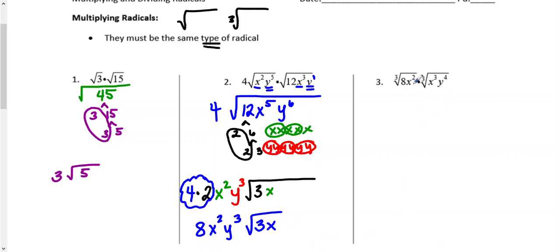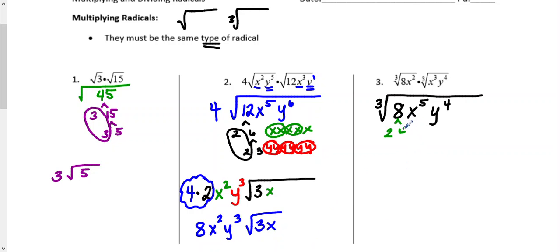Okay, so now let's look at example 3. Cube root, cube root. All right, so I'm going to make 1. So cube root, I like my number to come first. So 8, x squared times x to the third is x to the fifth, and then we just have y to the fourth. And then we start breaking down.